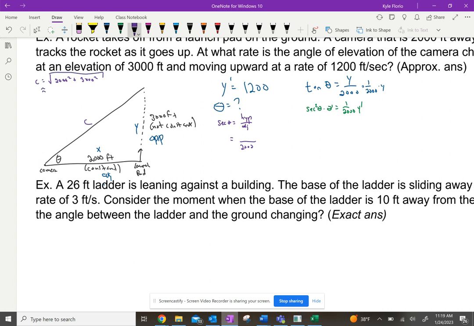So we're doing approximate answers here, and I think we get about 3,605.55-ish. We don't even need to be that accurate.